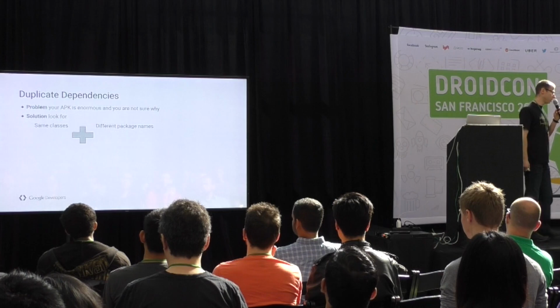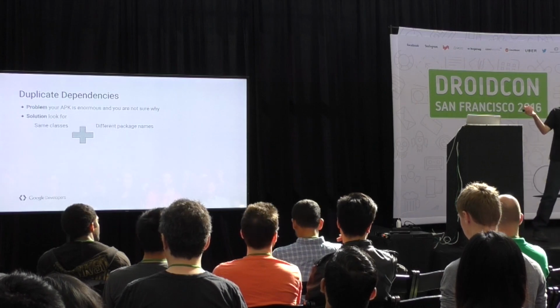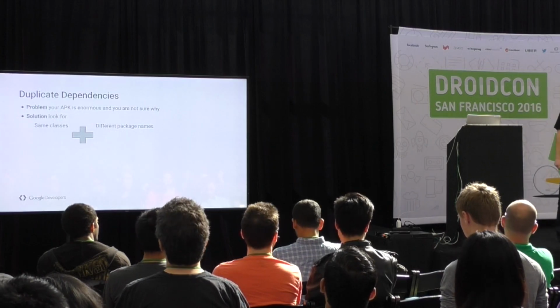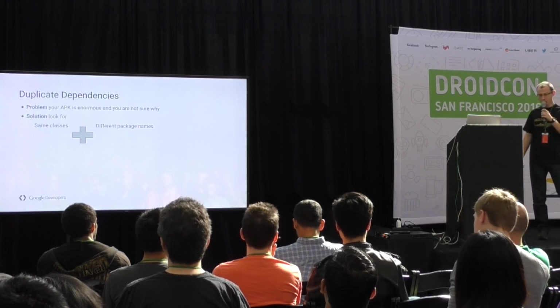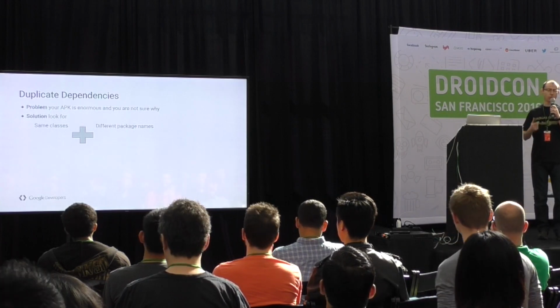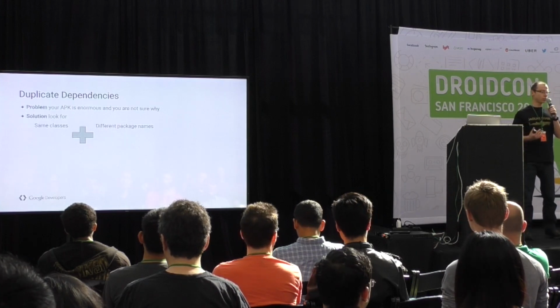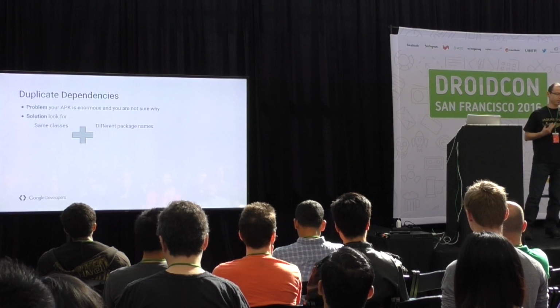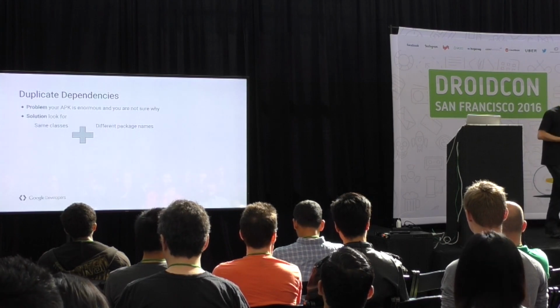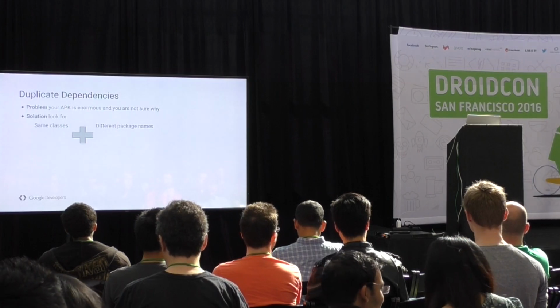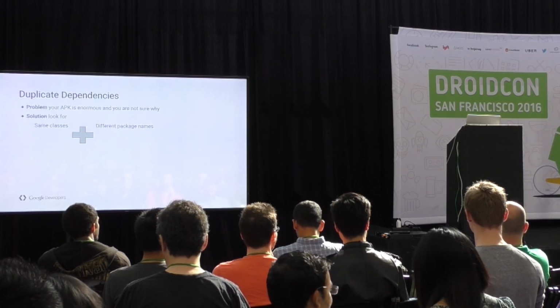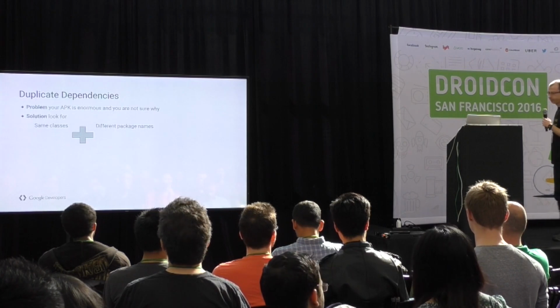By the way, sometimes there are legitimate reasons for this, but usually this is not the case. So please do it. You will decrease the size of your classes.dex and you will increase performance, because the less stuff you have to load and operate at runtime, the better performance for your app.